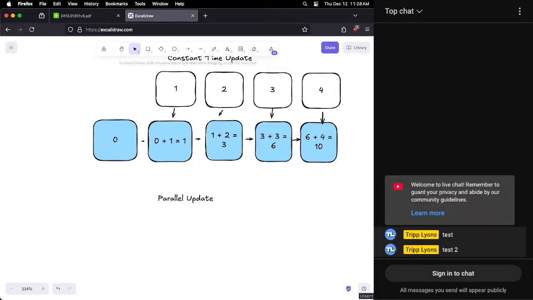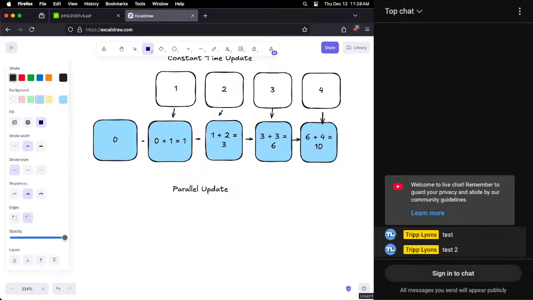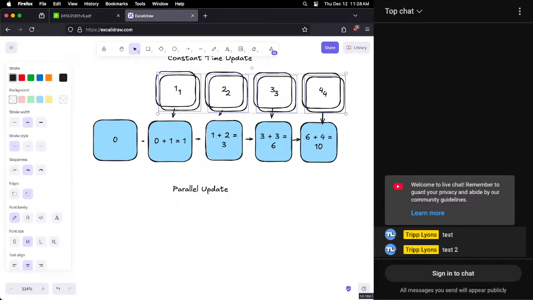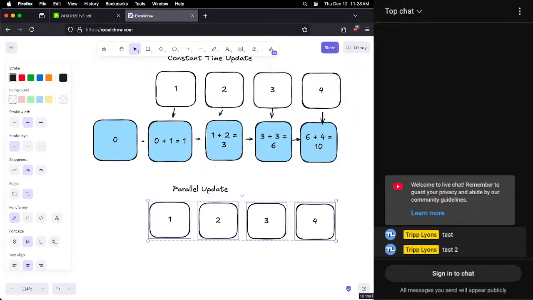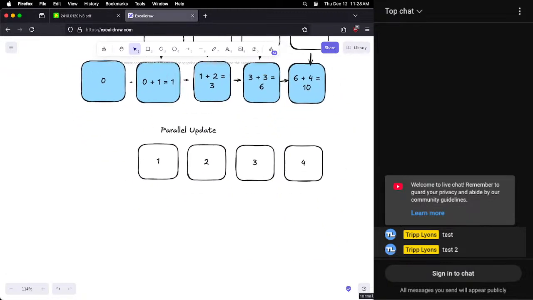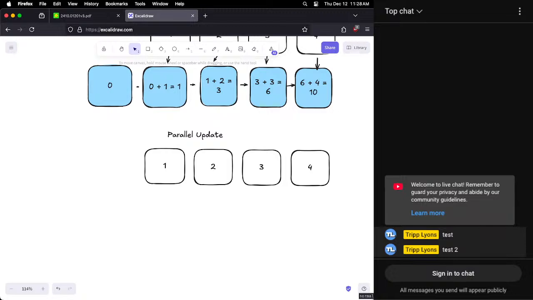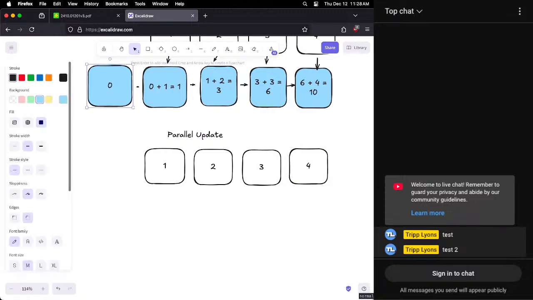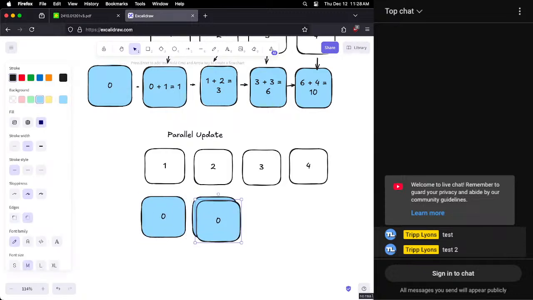Parallel update is, the easiest way to think about it is, first you could look at the cells that are next to each other. So you could say 1, 2, and 3, and 4. I could combine these. So let's get that. It's a bit strange, but once you see it, it'll make sense.